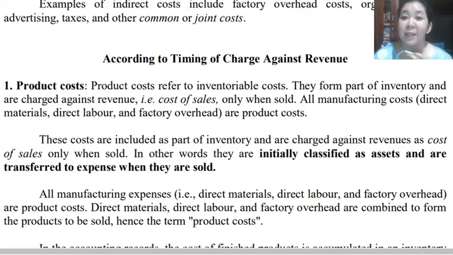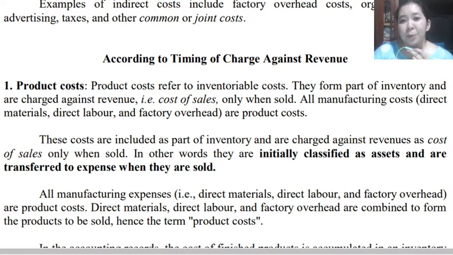That's why we debited it, because at the time of sale of the inventory, we can now recognize these costs. And we credited your inventory account because we transferred these costs from the asset account to the expense account.